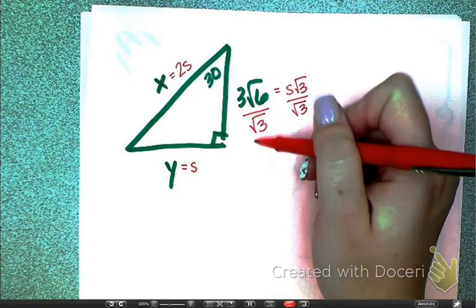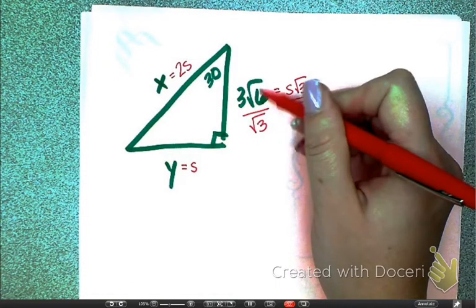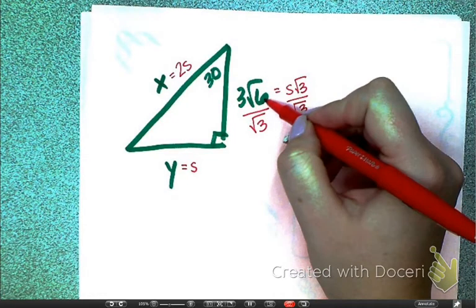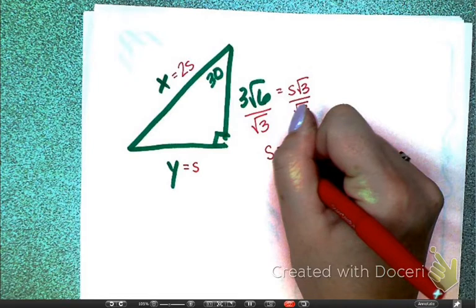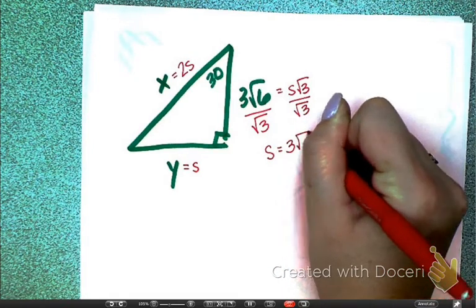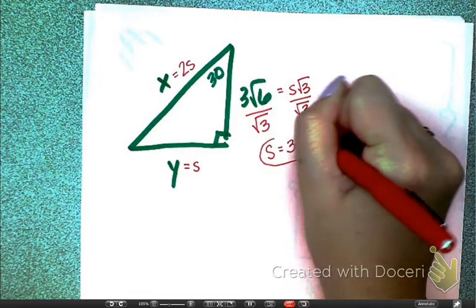You are allowed to divide these radicals since they go into each other and they're both underneath the radical. So 6 divided by 3 is 2. So this is really S equals 3 radical 2.